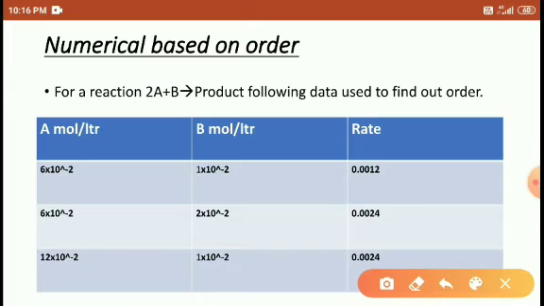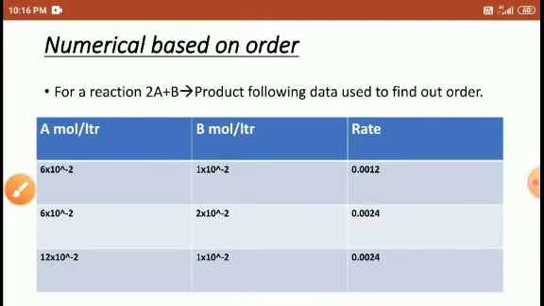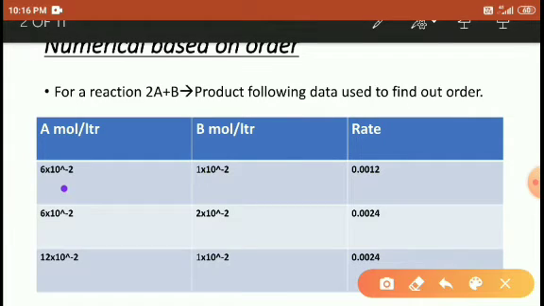The data gives the concentration of A in moles per liter, the concentration of B in moles per liter, and the rate. The initial concentration of A is taken as 6 into 10 to the power of minus 2, and the concentration of B is taken as 1 into 10 to the power of minus 2.